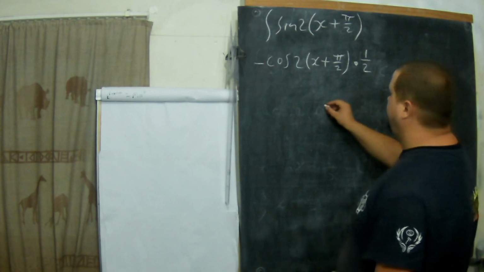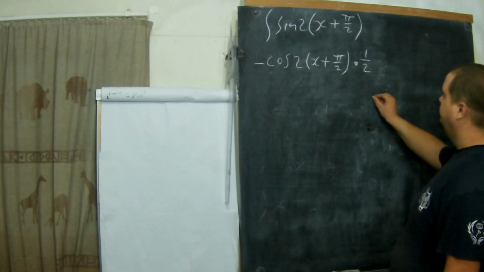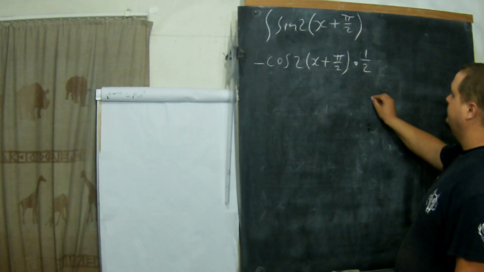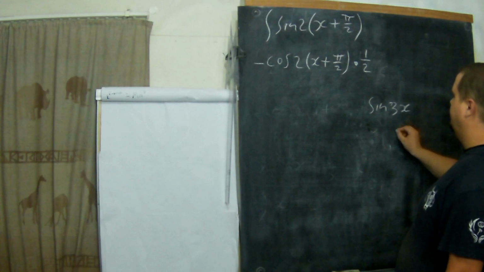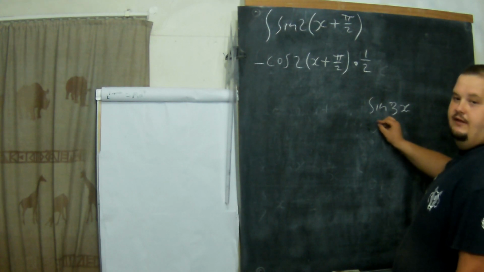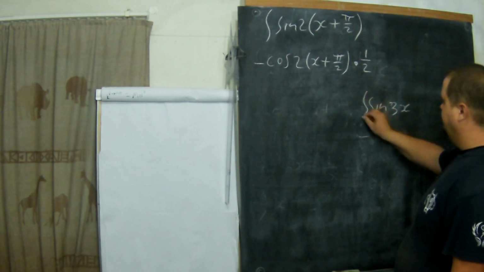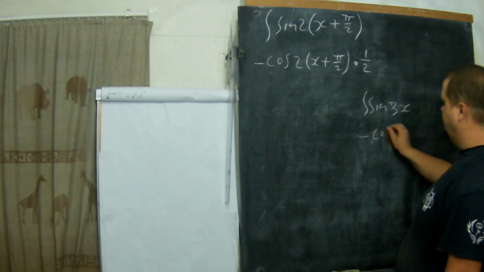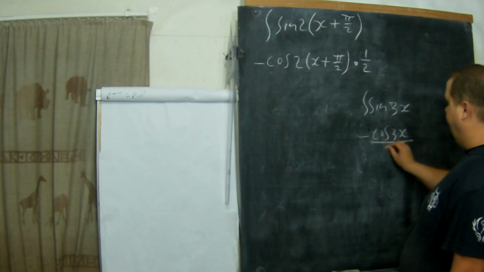Just for a quick example, if you integrate sine 3x, it'll be minus cos 3x divided by 3.